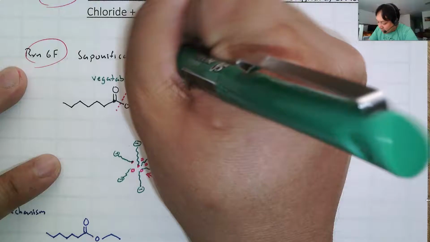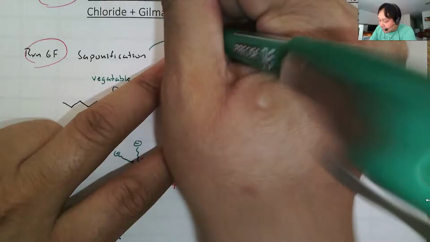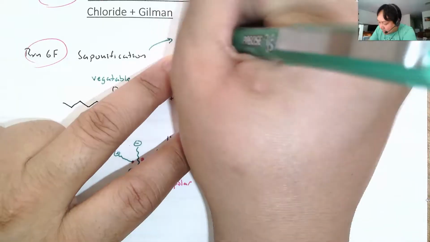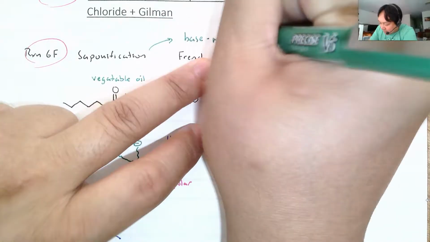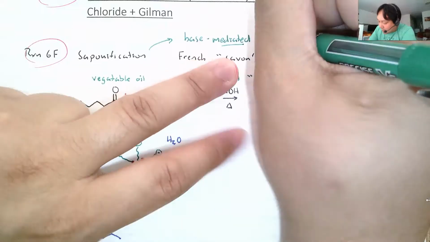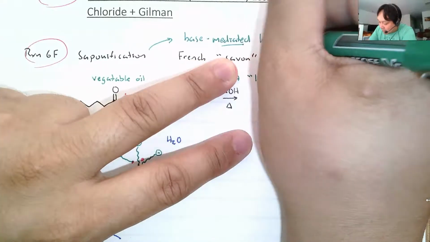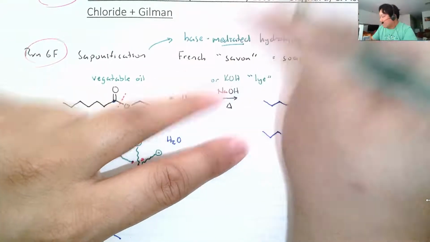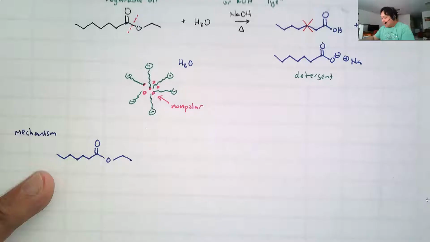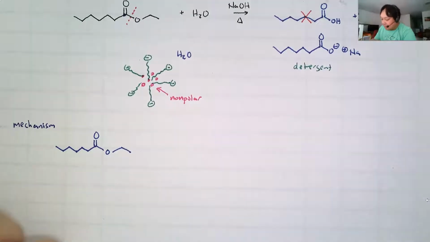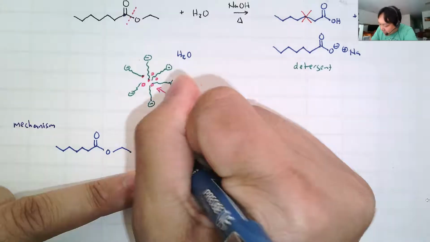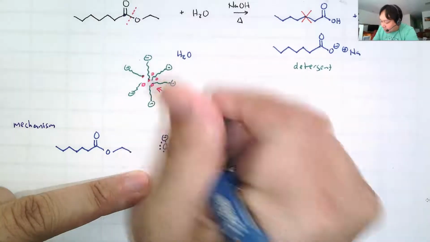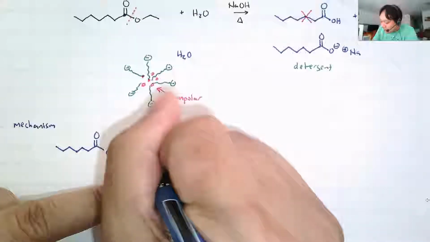So where am I going to write that? I'll write it up here. Saponification is base-mediated hydrolysis. Very easy. We have the OH minus. It's an anion, so this is a pretty good base, but also it's a very good nucleophile.